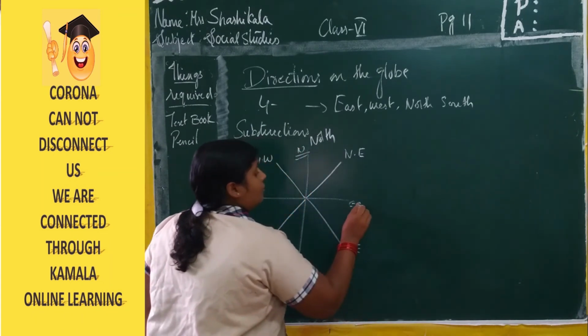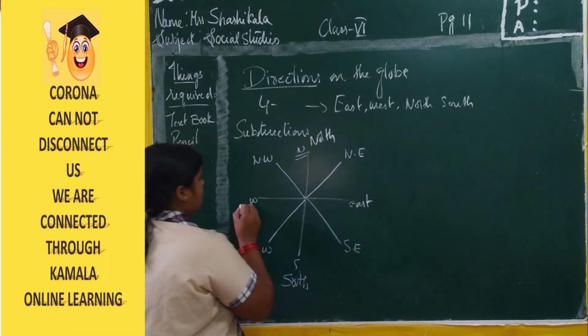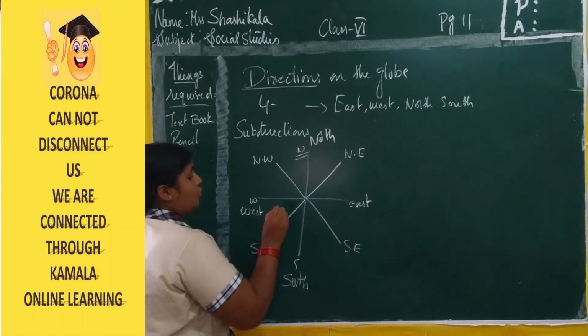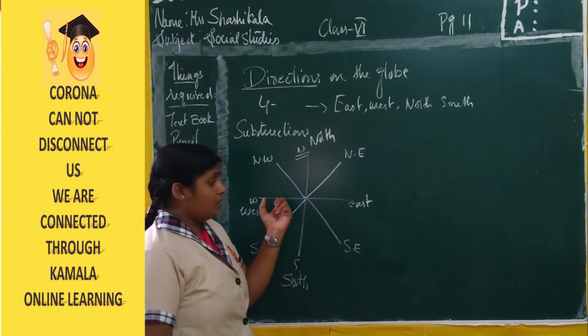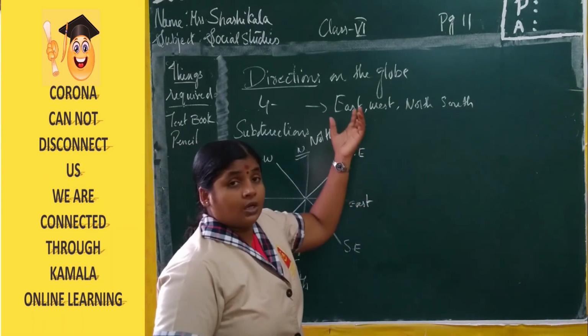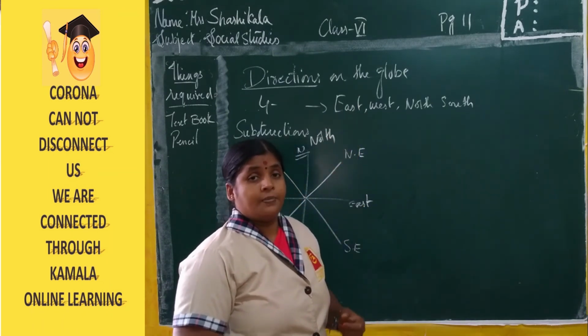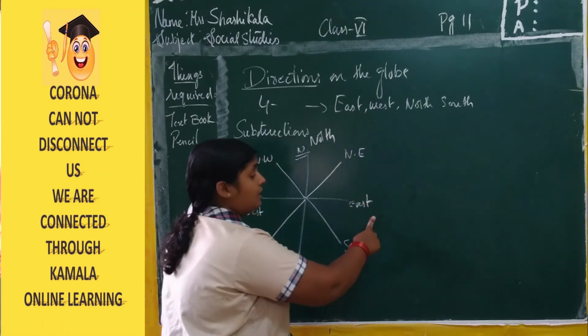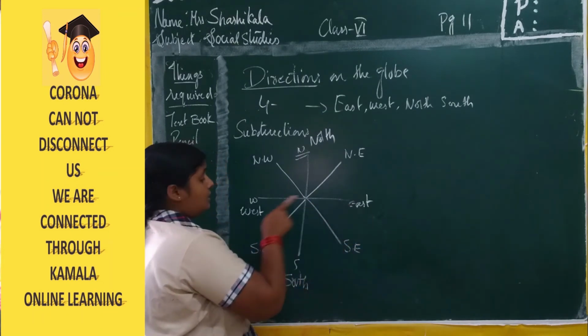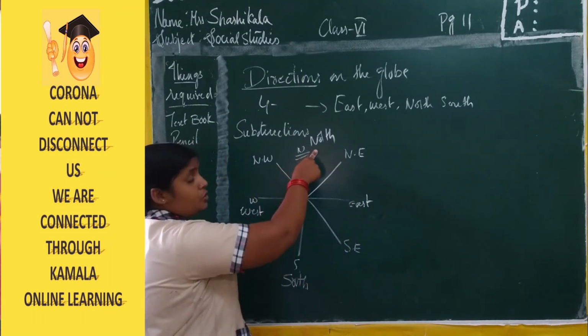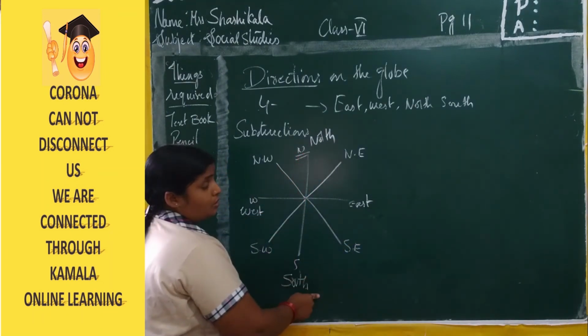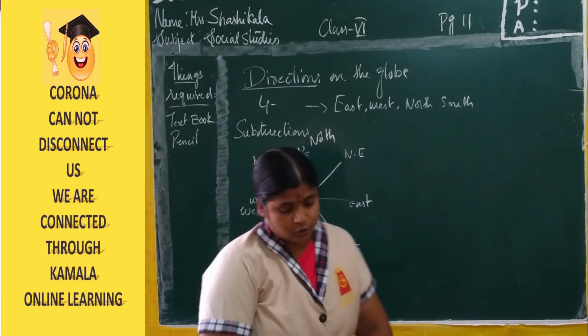The opposite direction of the east is west. Always when we are looking towards the north side, our right hand is showing the east direction and opposite to east is west. North is on the top and the south is at the bottom of the globe.